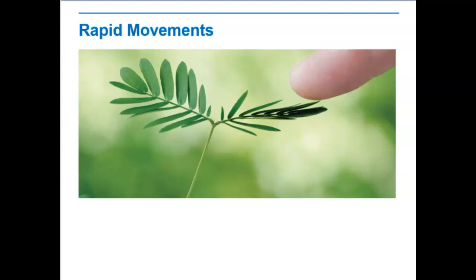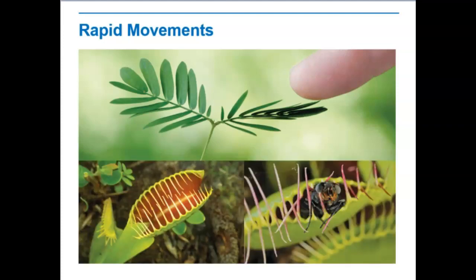Within 2 to 3 seconds, the leaflets fold together, and then in a little while, they'll open back up. We do have these around here naturally. I used to play with them on the playground when I was in elementary school. Another very famous plant that responds to touch and moves is the Venus flytrap, which responds to the touch of its prey, closes around it, and digests it.